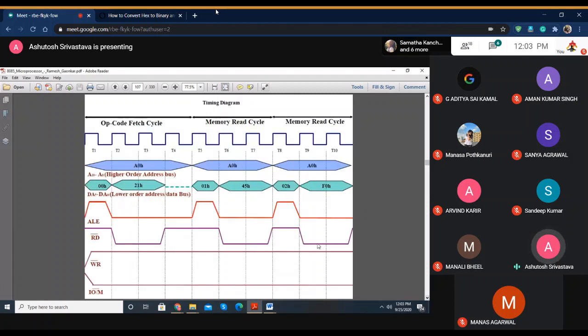Here you can see the opcode fetch cycle extends up to T4 states. Then your memory read cycle is bifurcated into two because you are talking about 16 bits. So it extends from T5 to T7 and T8 to T10.